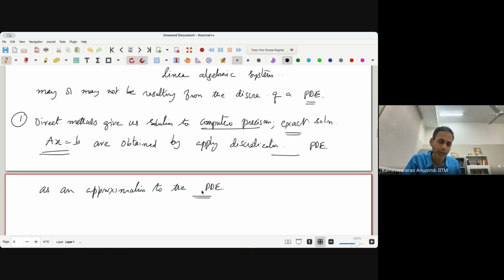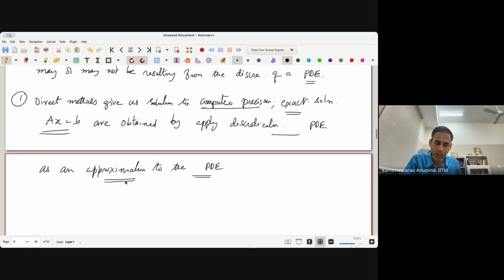So in this context, because Ax equal to b itself is an approximation to the exact PDE, it doesn't make much sense to solve Ax equal to b exactly to obtain a solution. That discourages us from applying a direct method, because we don't need an answer that is exact to computer precision.